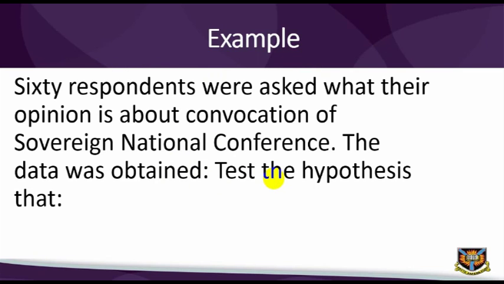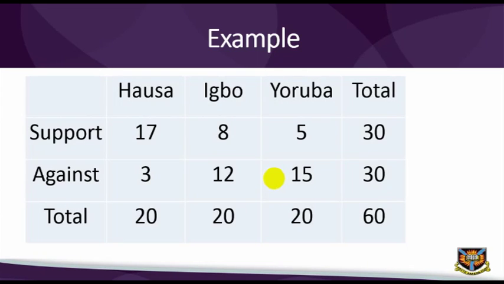Support: Hausa 17, Igbo 8, Yoruba 5, total 30. Against: Hausa 3, Igbo 12, Yoruba 15, total 30. Totals: 20, 20, 20, 60.